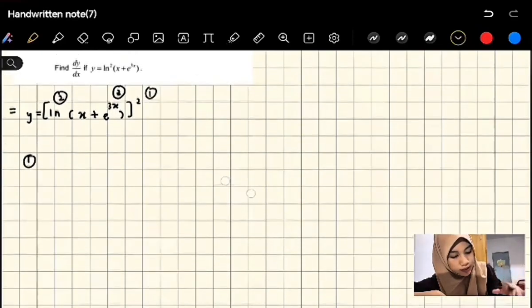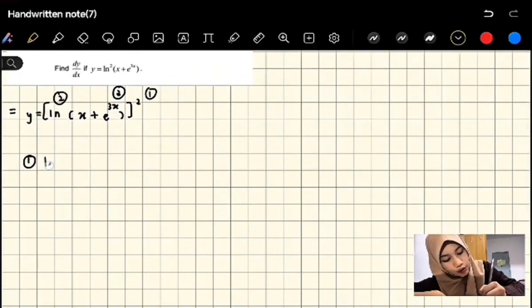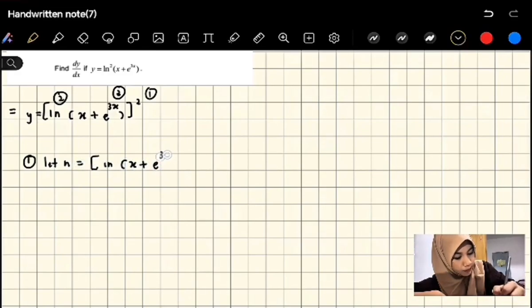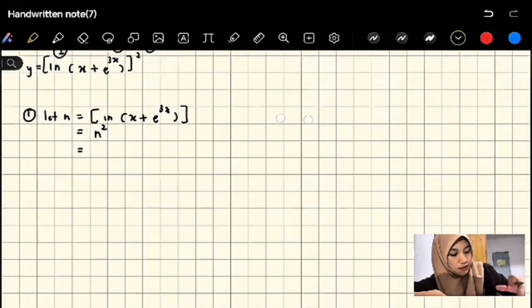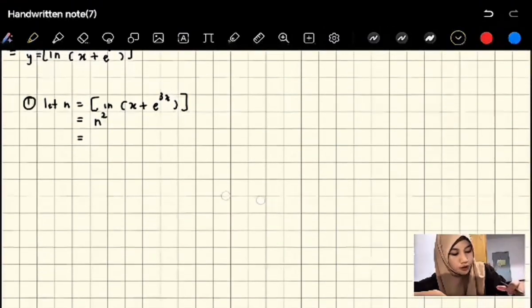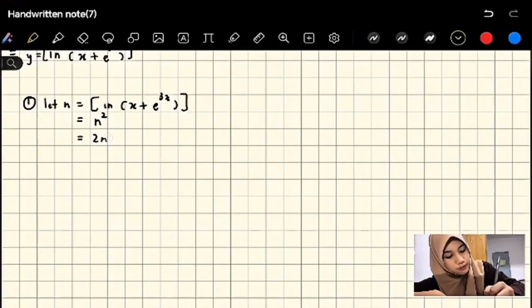In step 1, we let m equal to this, and now we use the technique of differentiating a power function, so it will become like this.